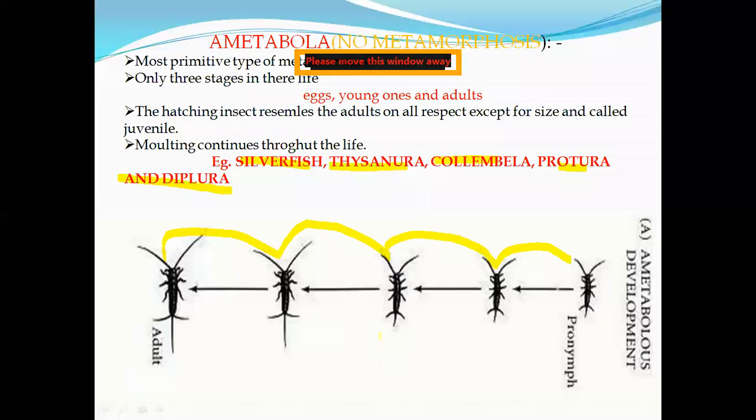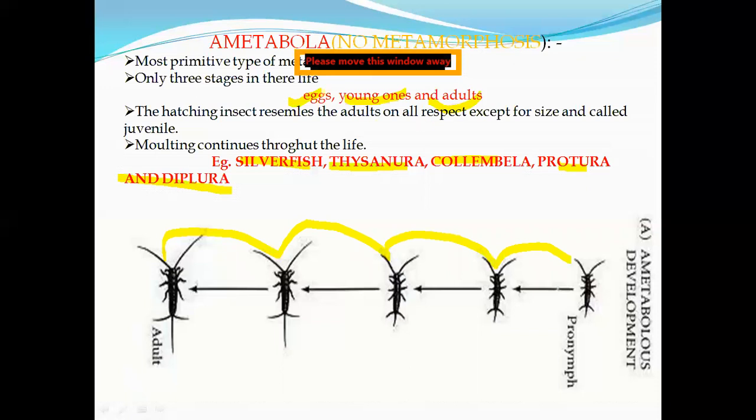And during the development of this insect, this silverfish, there are three stages that it passes through: the egg stage, the young one stage, and the adult stage. So this whole process goes on inside this silverfish or this type of insect.